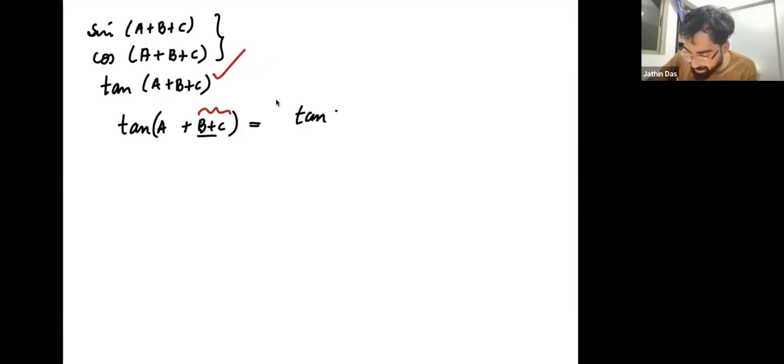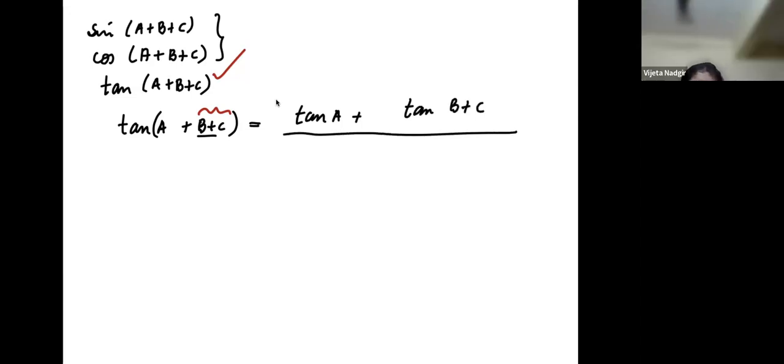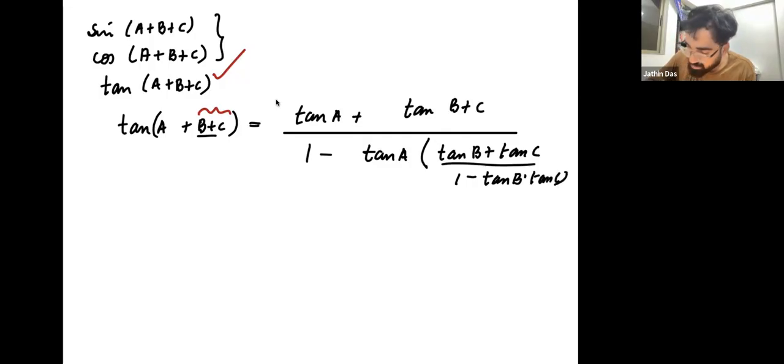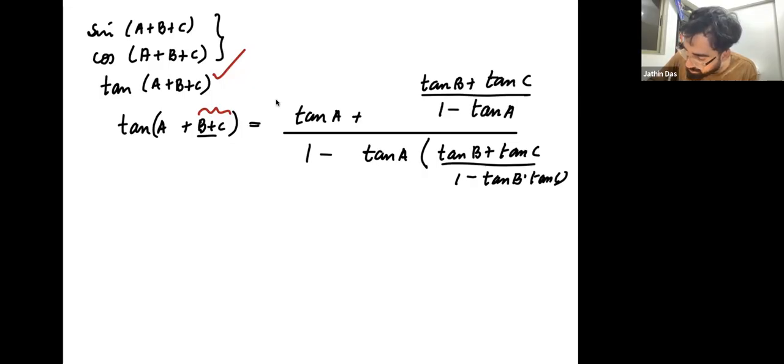So you will take tan A plus tan of B plus C, divided by 1 minus tan A into tan of B plus C. Tan B plus tan C by 1 minus tan B into tan C. And this whole thing again you will have to do like that: tan B plus tan C into 1 minus tan A, tan B, tan C. And you'll have to solve the entire thing.